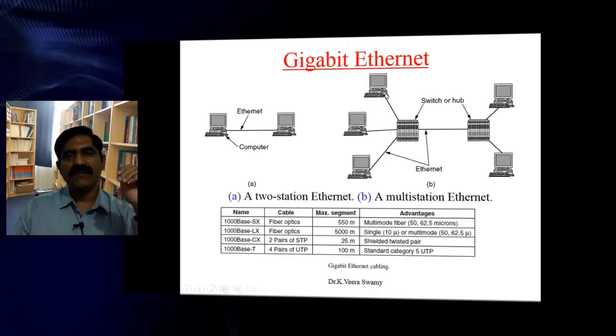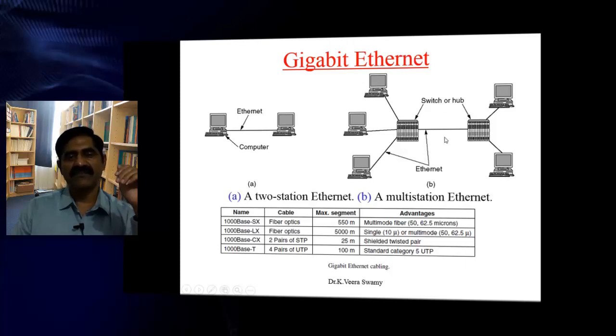Now coming to gigabit Ethernet, we are familiar. Suppose you take one building. In the entire building we have one switch, and this switch is connected to another switch in another building, like that. Within this building you might have several nodes, or even create sub LANs. This is the gigabit Ethernet design.